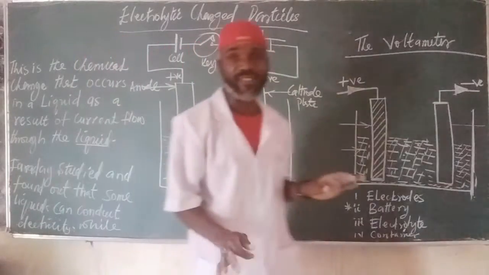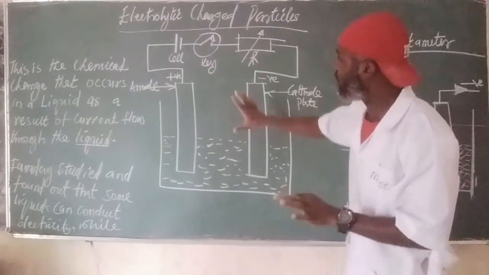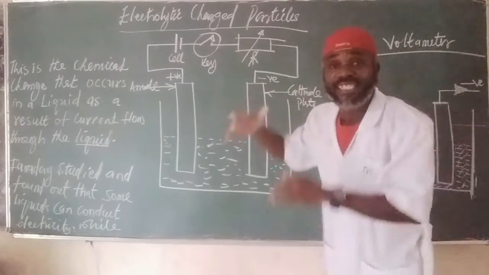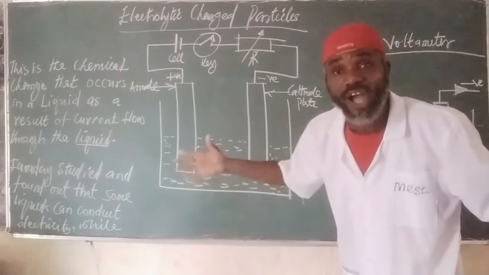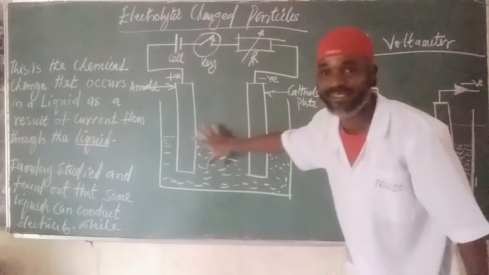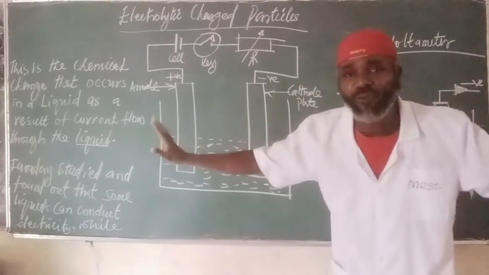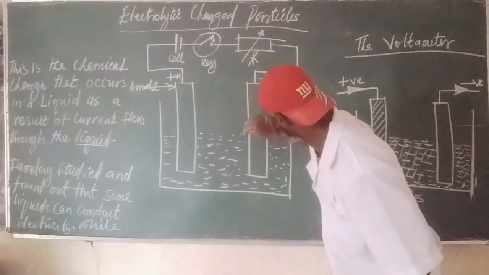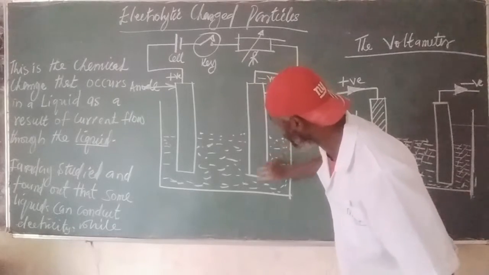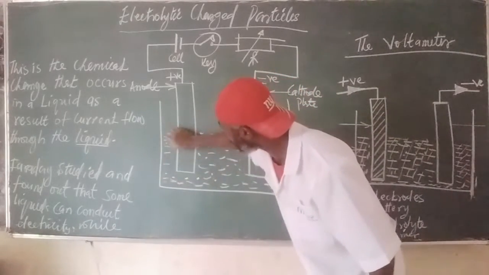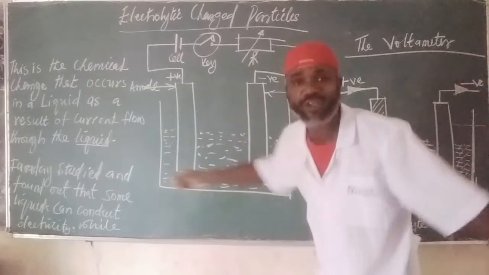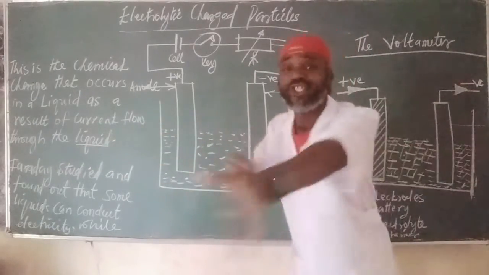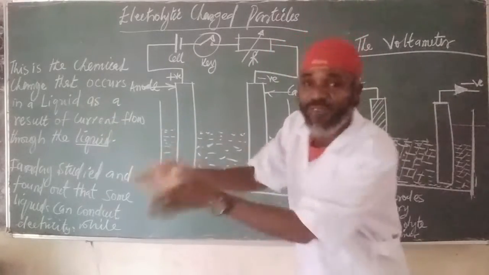Now, if we understand all that, look at this. The key or the switch is open. When it is open, there is no current flow in the system at all. So what happens to the molecules or the particles of the liquid? They continue to move randomly because there is no defined order.